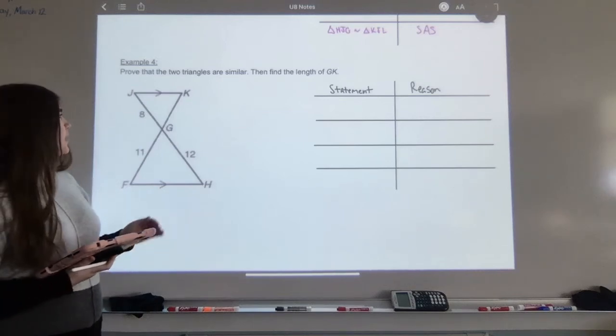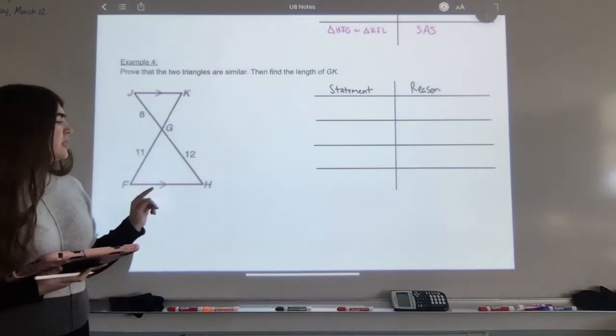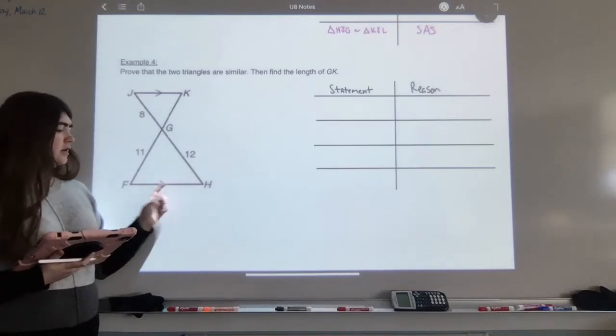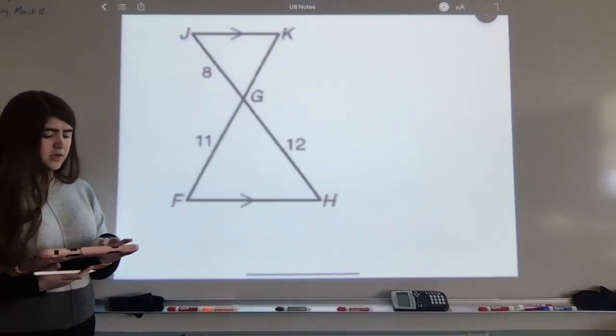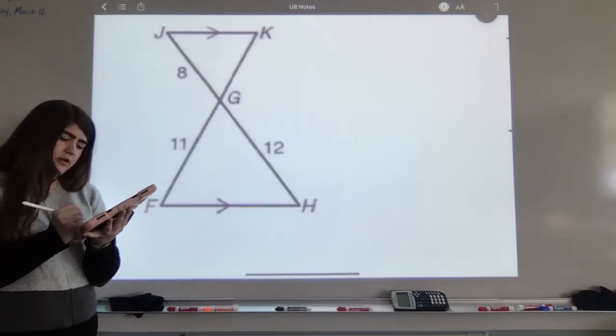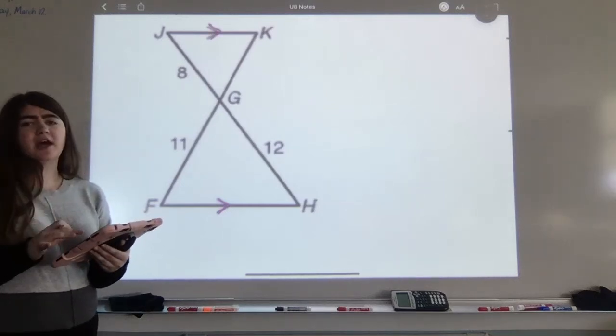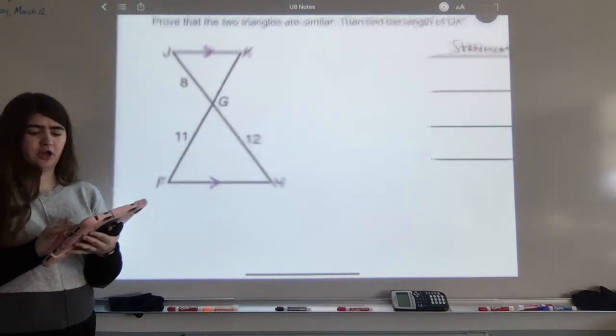So starting with this image, I'm looking for things that I notice. The very first thing that I'm seeing is that I have these arrows on these sides. So on FH I have an arrow, and on JK I have an arrow. Those tell me that JK and FH are parallel.